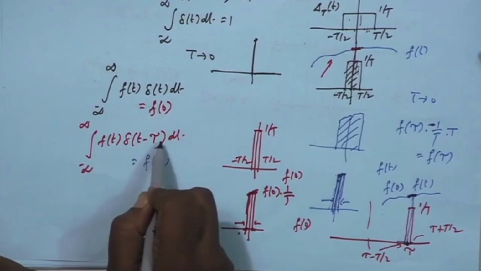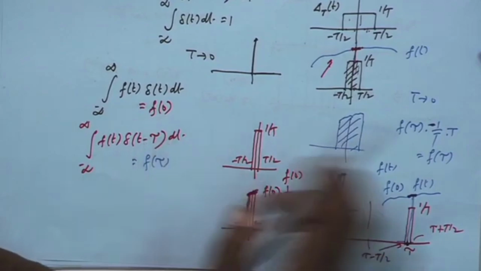That means the integral of f(t) delta(t minus tau) dt is f(tau).